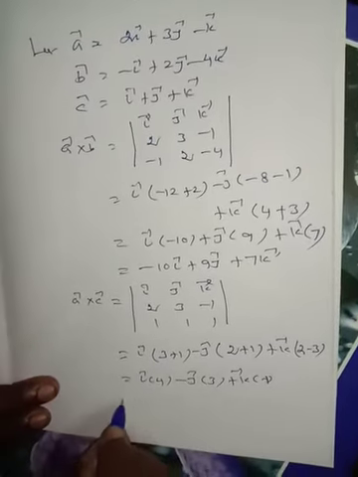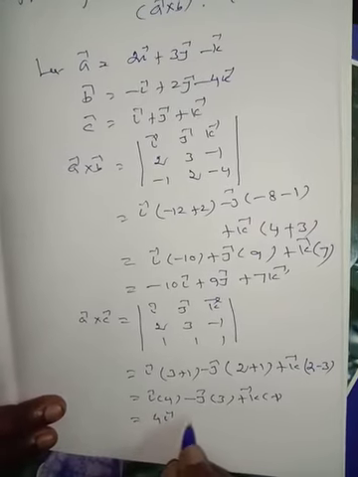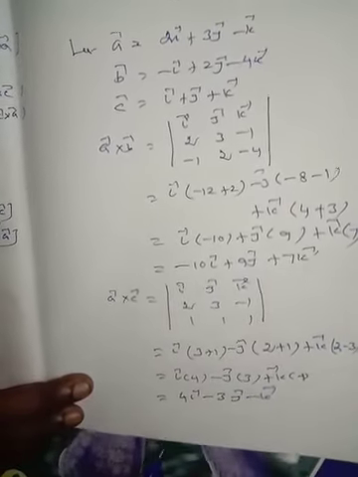This means 4I vector minus 3J vector minus K vector.